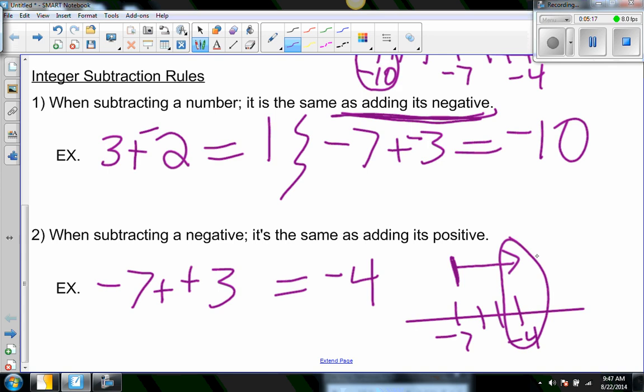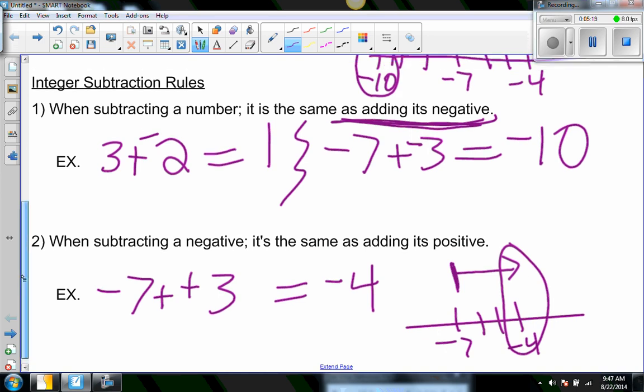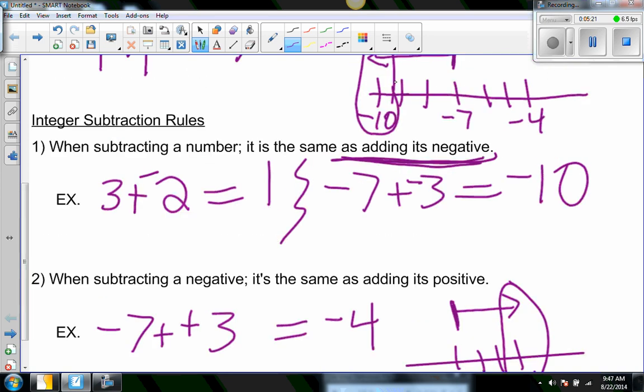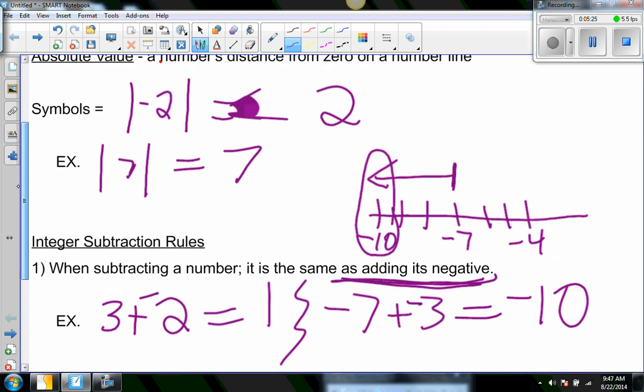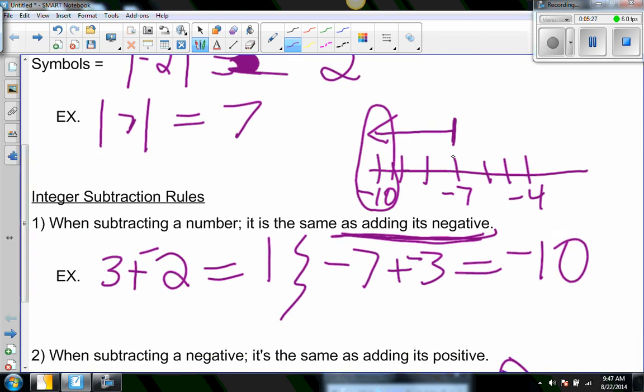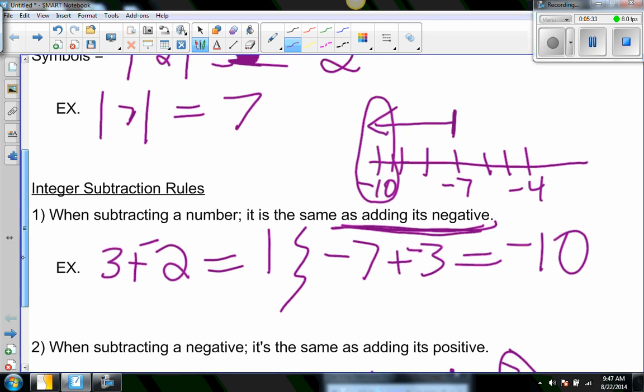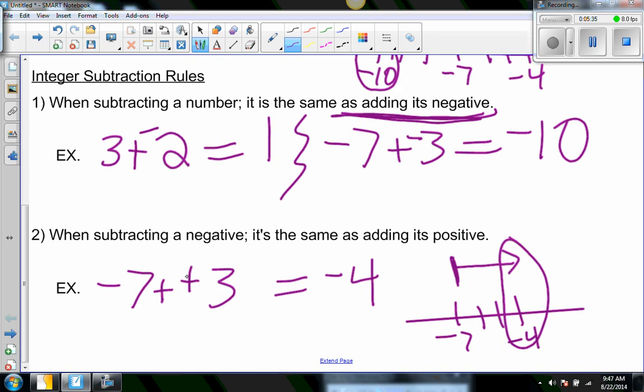I'm subtracting a negative as opposed to up here where I subtracted a positive. See the difference? Here I started with a negative 7, and I was subtracting a positive 3, which means I'm going further this way. On this one, I'm subtracting a negative, which means I'm getting rid of some of the negatives, so I'm actually going back this way.